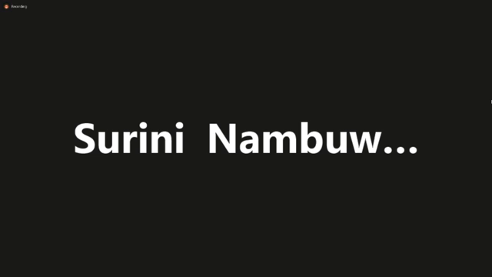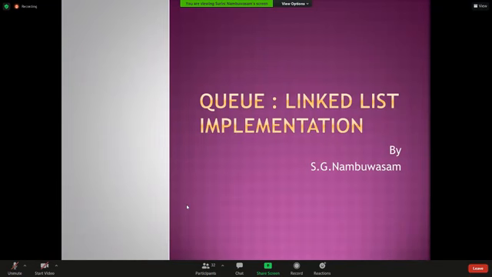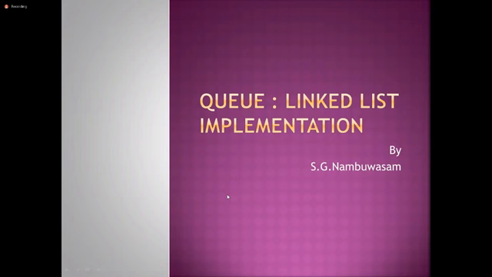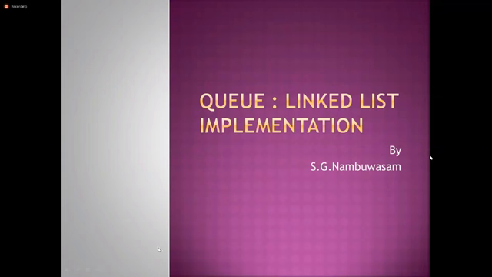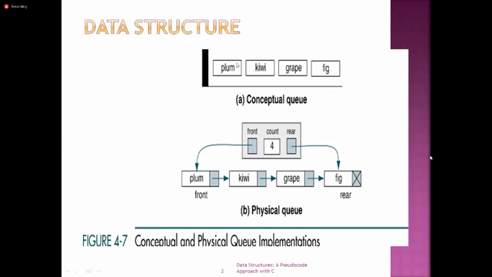Then the next task is to implement a queue using the linked list. This is how we can implement a queue data structure using the linked list. We can consider a conceptual queue in this manner: plum, kiwi, and those elements are there.